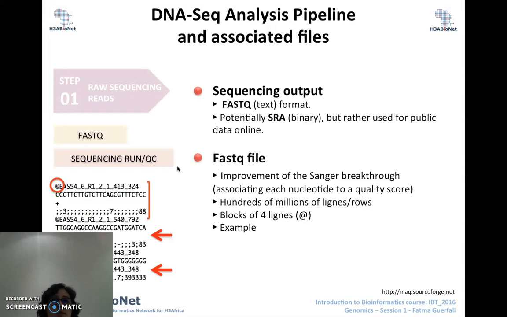Then you have a plus sign that was first used to repeat again the name of the reference sequence. You have an example here indicated by the red arrows. And then you have a quality. So the string of quality values, for which you have one character that is associated to one base, and each character represents a quality using a code that we call an ASCII code, but we don't have to go into the details of it.